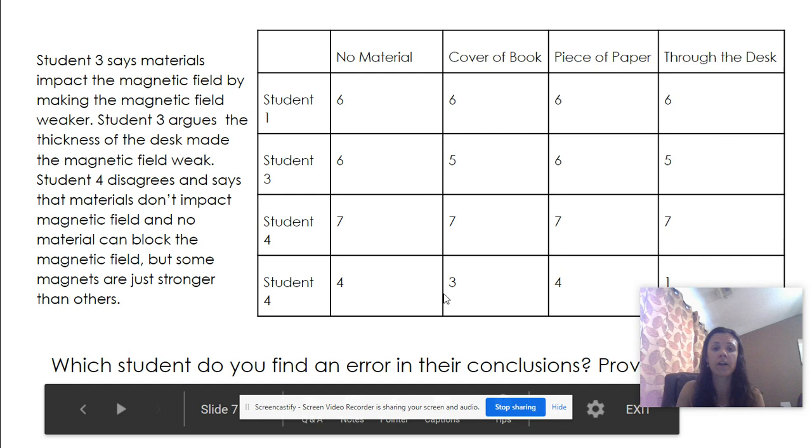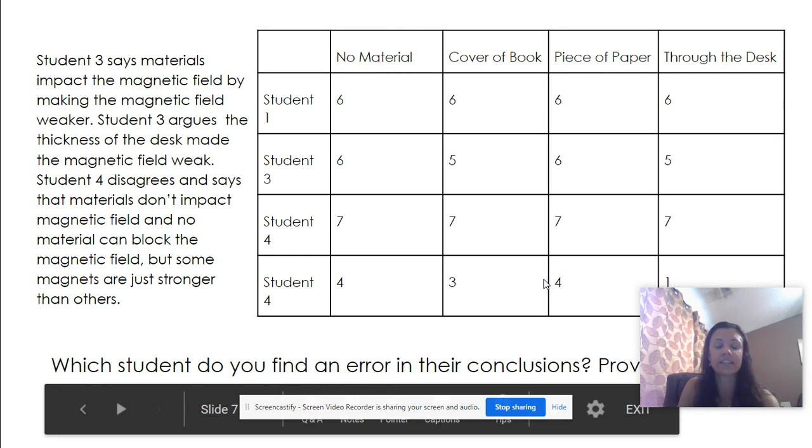So it would appear that if he's using a thicker material, fewer paper clips are going to be attracted. So I believe that there is an error in student 4's conclusion because the thicker the material, the fewer paper clips he's able to magnetize.